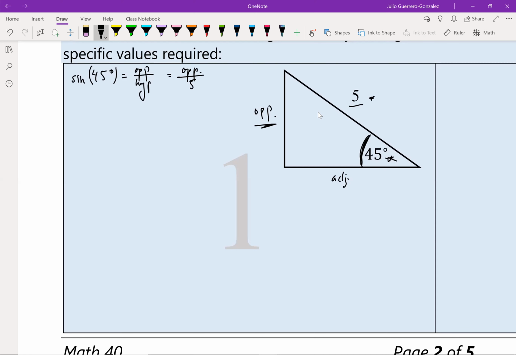So this says the opposite is equal to 5 times sine of 45 degrees. Okay, we know what sine of 45 degrees is, so 5 times root 2 over 2. This is going to be 5 root 2 over 2.